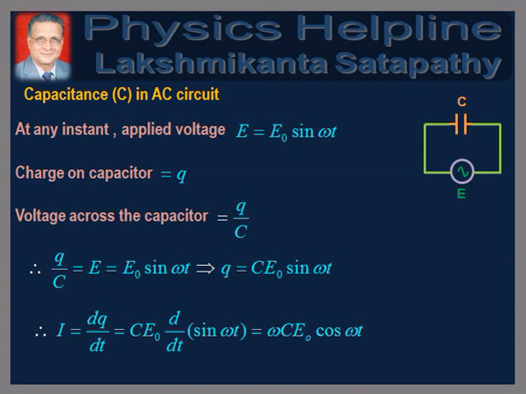Therefore, we write Q by C is equal to E0 sin omega t, or Q is equal to CE0 sin omega t. Now, current in the circuit is equal to rate of change of charge on the capacitor. Therefore, I is equal to dq by dt, which is equal to CE0 d by dt of sin omega t, which is equal to omega CE0 cos omega t.